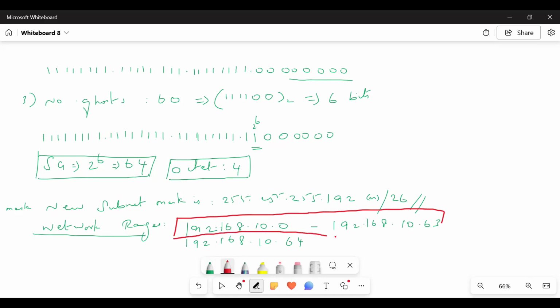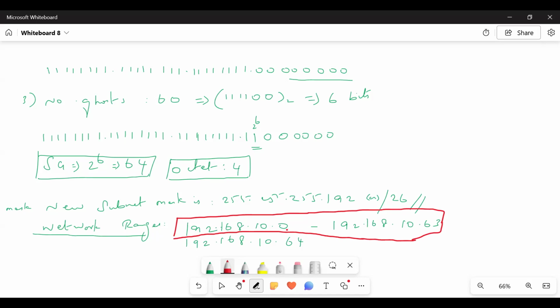We are going to allocate these IPs for the 60 hosts of that particular network. The first address is the network address, and the last will be your broadcast address. The first system address is the next one, 192.168.10.1, which will be allocated to the first device.